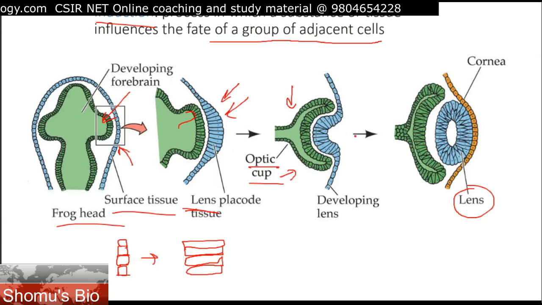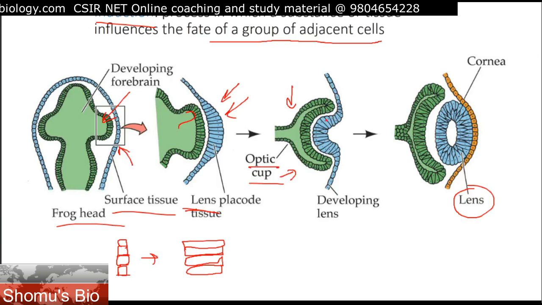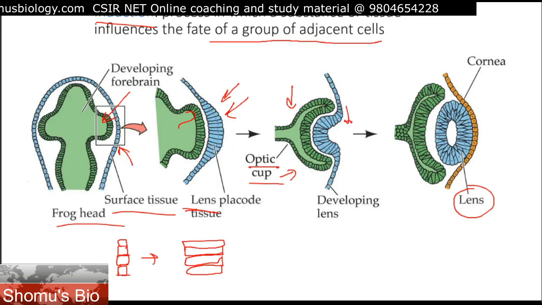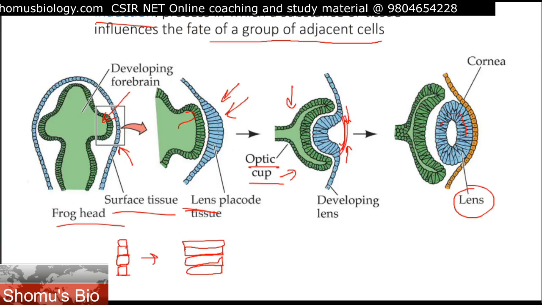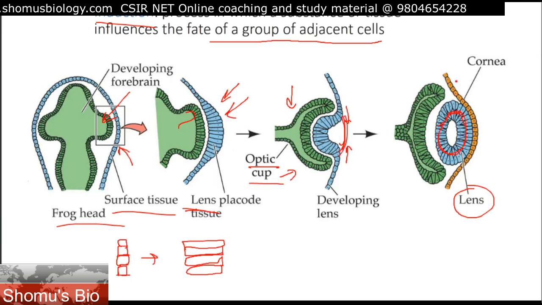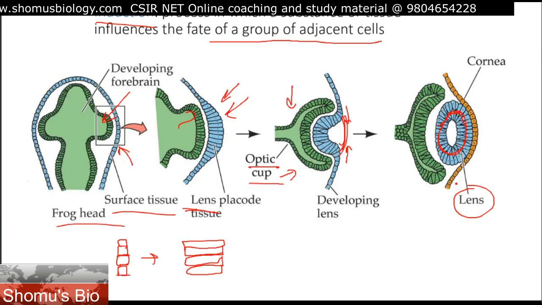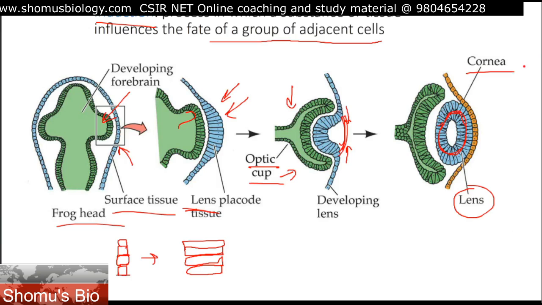This optic cup allows the arrangement of the layer of lens placode tissue, and then finally both sides will come close and join to form what is known as an eye lens. And outside of this eye lens they form another layer which becomes the cornea of the frog eye.